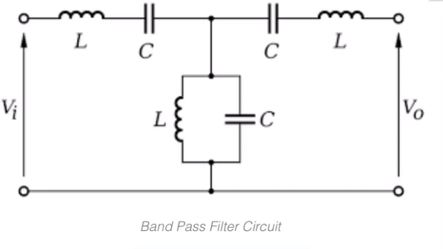Okay, this is the circuit diagram for the band pass filter. So here the band pass filter is an RLC circuit. This filter can also be designed by combining a low pass filter and a high pass filter.